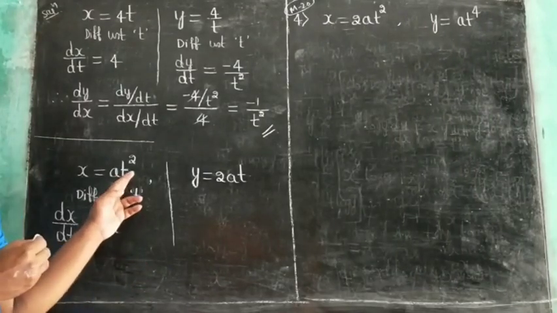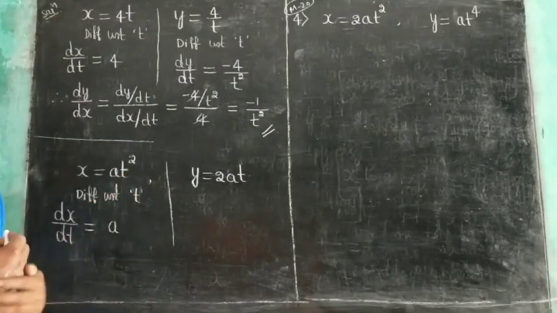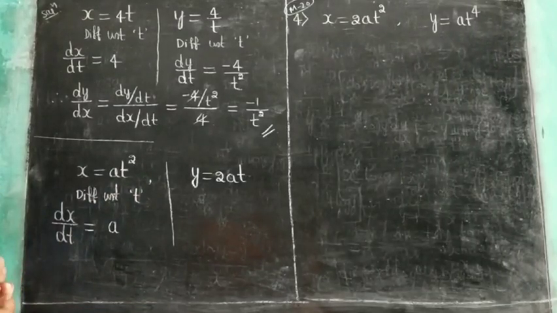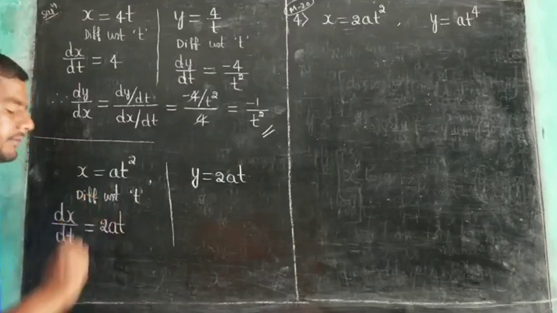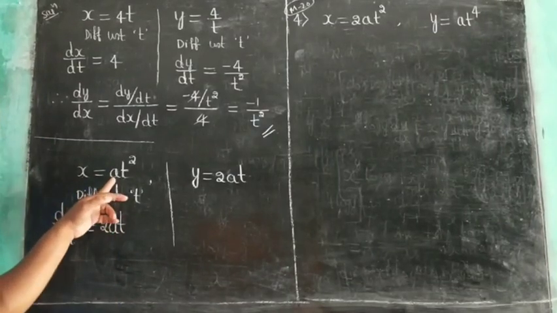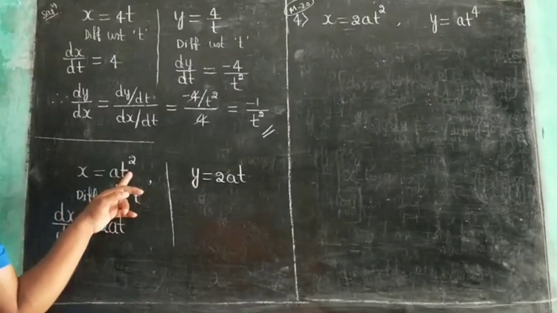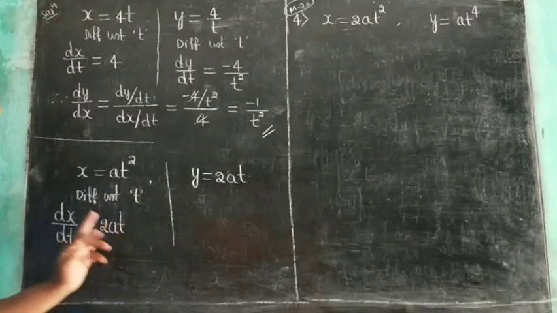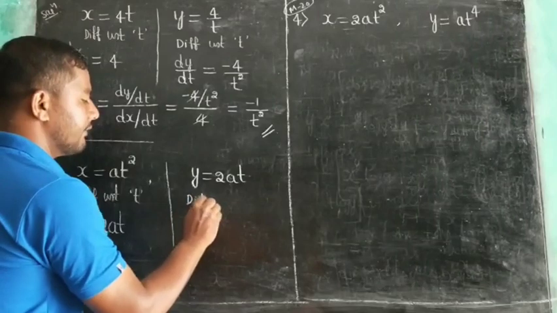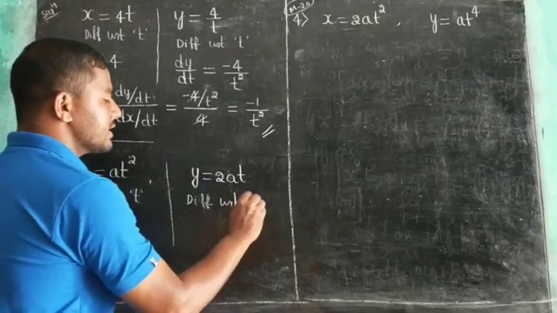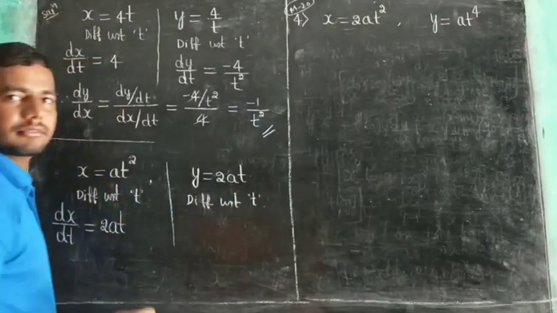Instead of x square we have t square, so the derivative of t square is 2t. Multiply a, 2at. Keep a as it is. The derivative of t square is 2t, so 2at.